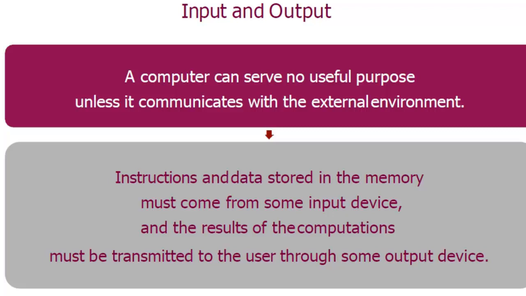Instructions and data stored in the memory must come from some input device, and the result of the computation must be transmitted to the user through the use of output devices. So input and output instructions are needed for the communication between the computer and the external environment.